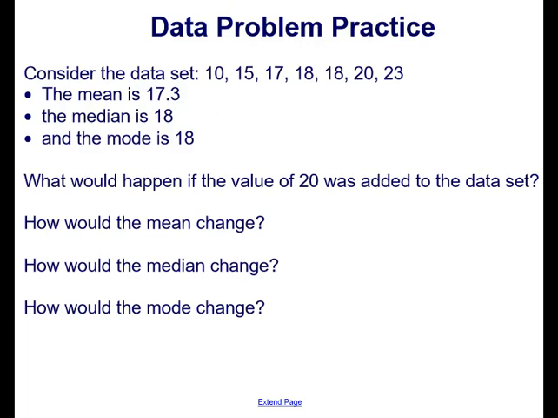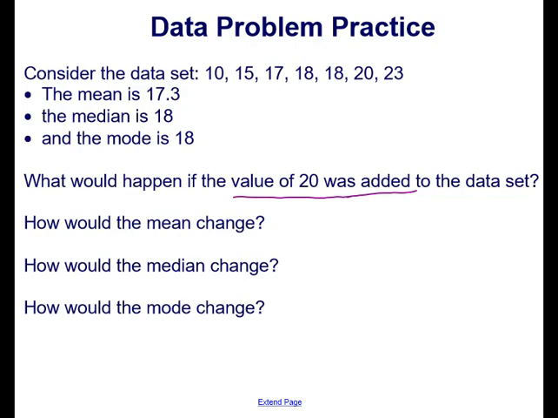So predict what would happen if the value of 20 was added to the data set. Where would 20 be in relation to all the other points that you already have? How would the mean change? How would the median change? And how would the mode change?